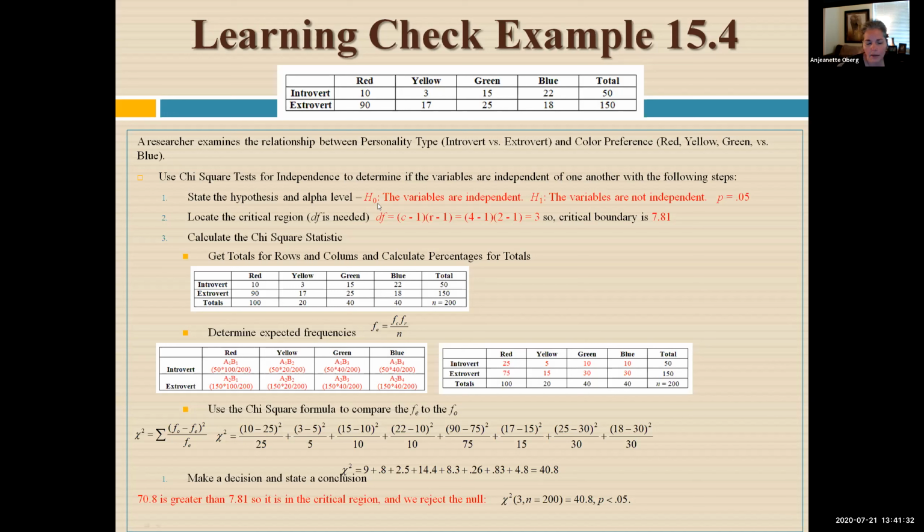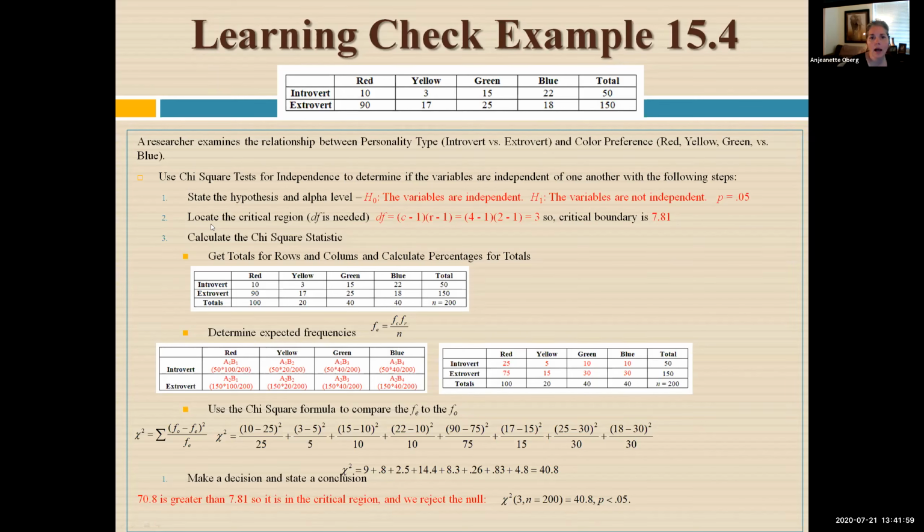Actually, it's the opposite: we're saying that there's no relationship versus there is a relationship. They are independent or they aren't independent of one another. When we say they're independent, we're saying there's no relationship. When we're saying they are not independent, we're saying there is a relationship, okay? So there are significant differences or there aren't significant differences.